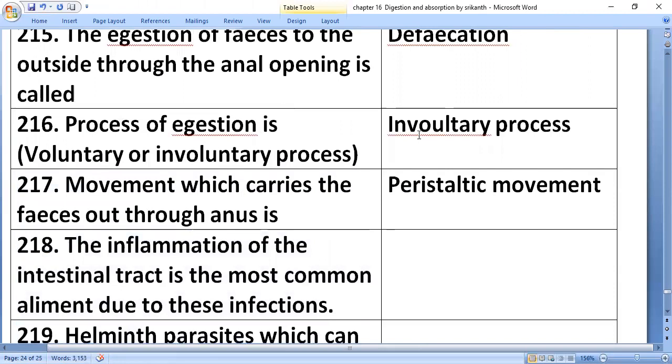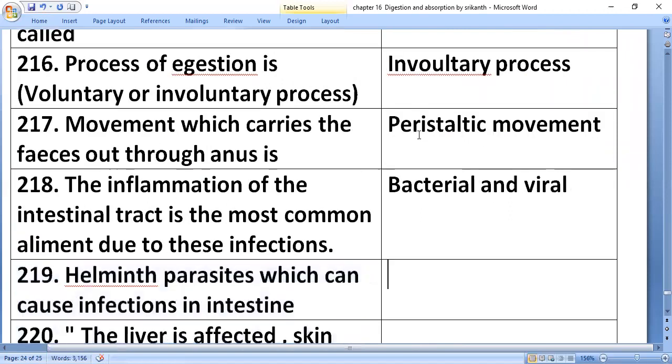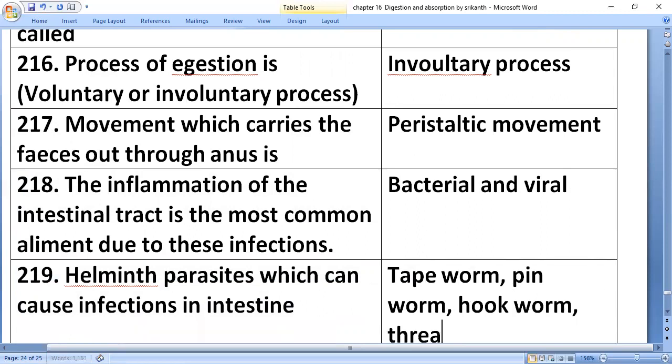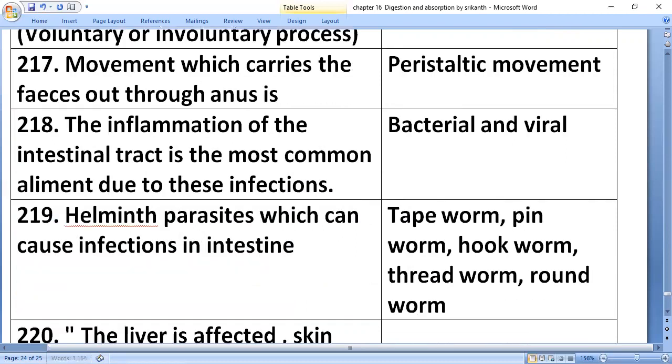Inflammation of the intestinal tract is the most common ailment due to bacterial and viral infections. Helminth parasites which can cause infections in the intestine may be tapeworm, Taenia solium, pinworm, Enterobius vermicularis, hookworm, Ancylostoma duodenale, threadworm, and roundworm.